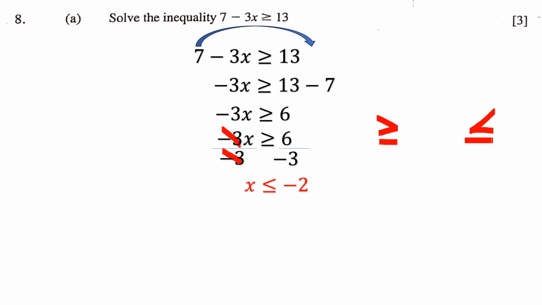The sign remains. But if you're dividing by a negative number, you have to change the sign for inequalities. So the answer for this is x is less than or equal to negative 2. That's the solution set that solves this inequality. Or I could say this is the range, or this is the set of numbers for which this inequality would be true.